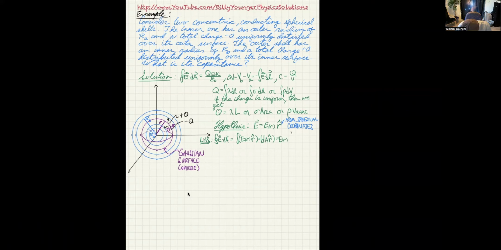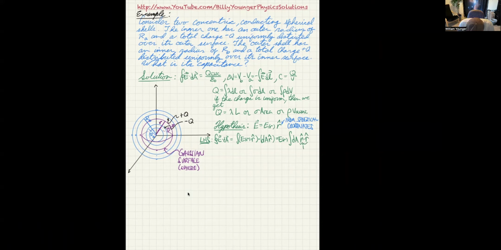And now we use the linearity of the dot product. The linearity of the dot product allows us to pull all the non-vector parts out in front, to the left side of the dot product, and leave just the vector parts doing the dot product. So the scalar part I pulled out was E of r. Another scalar part I pulled out is dA. And then I'm left with just r hat dot r hat, which of course is 1 times the cosine of 0, which is 1.